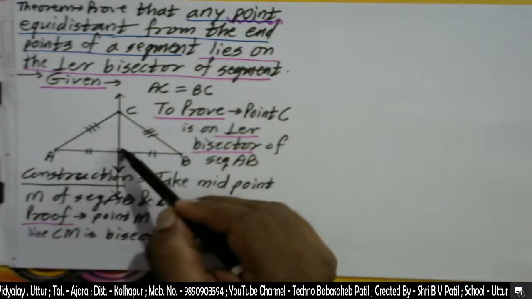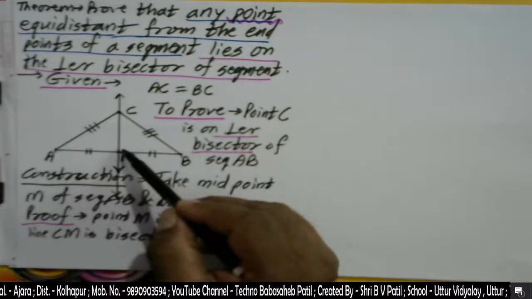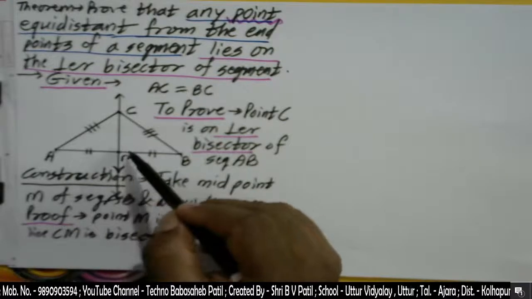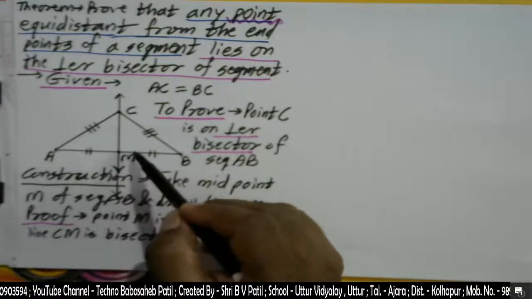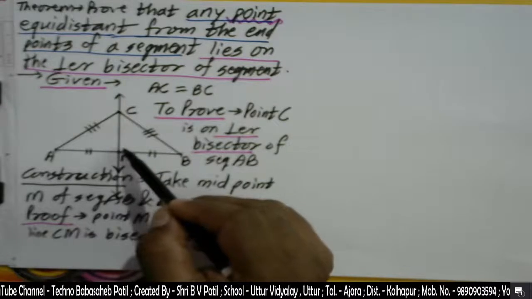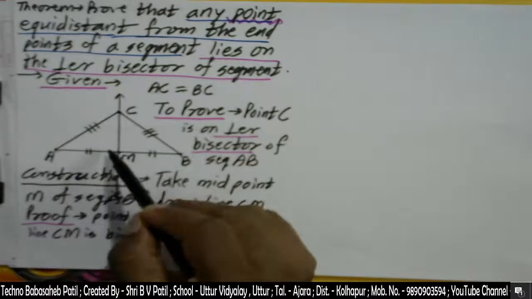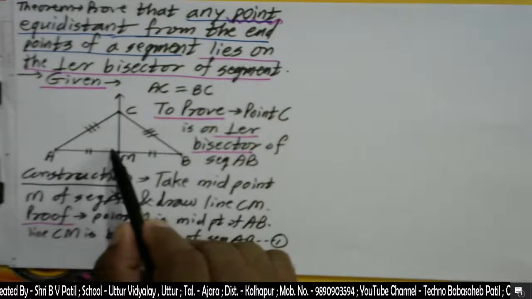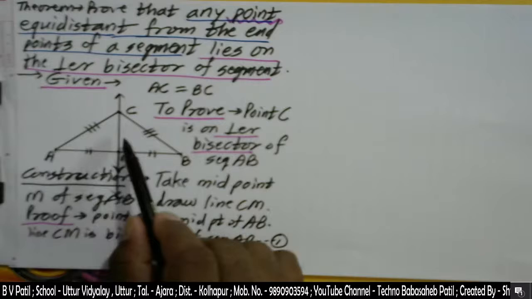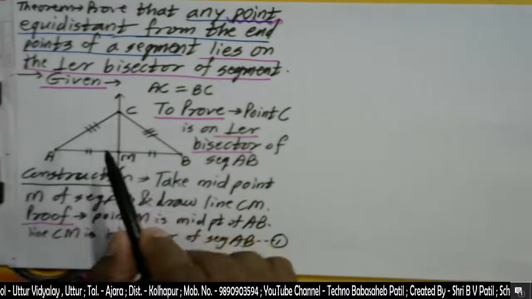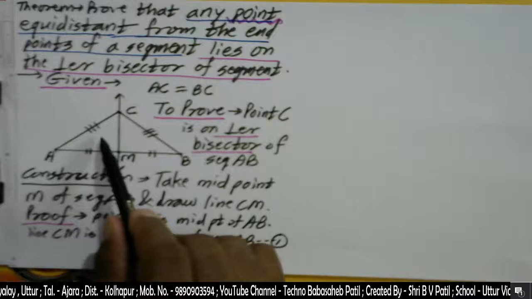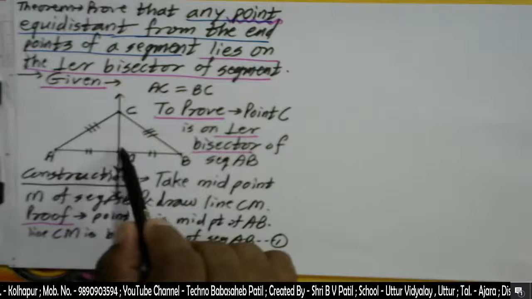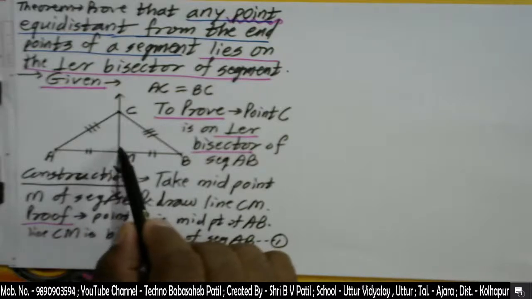If this angle is 90 degree, then we can say that this is perpendicular. We should get a 90 degree angle between the line and the segment. This will be 90, this will also be 90. Means we want angles, and these angles are angles of these two triangles. Means we can say that we prove that these two triangles are congruent. Which angles are needed here? When can we say these angles are equal?